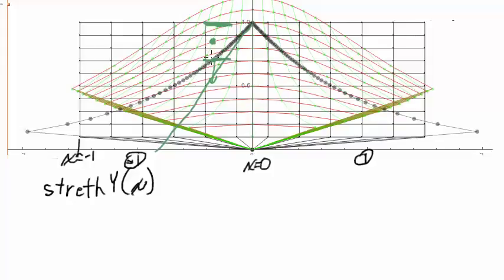So if this length expands by a factor of 1.3, then this length should also expand by a factor of 1.3. So what we need to do is find out what that factor is.